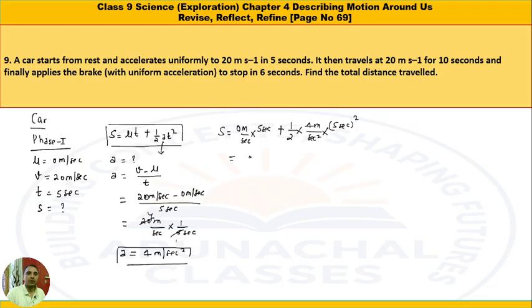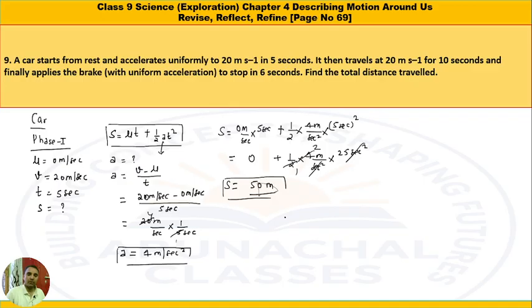So it will be 0 plus half multiplied with 4 meter per second square, 5 fives are 25 second square. Second square and second square cancel, 2 ones are 2, 2 twos are 4. So it will be 25 twos are 50 meter. So we have got the s value in phase 1 as 50 meter.